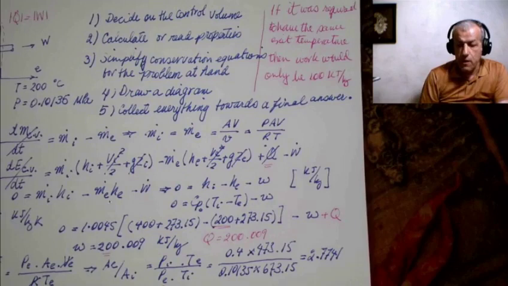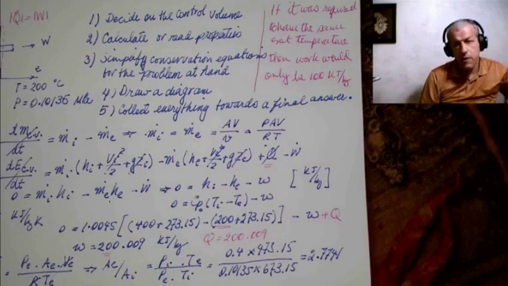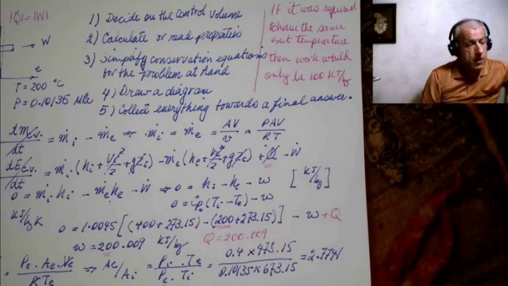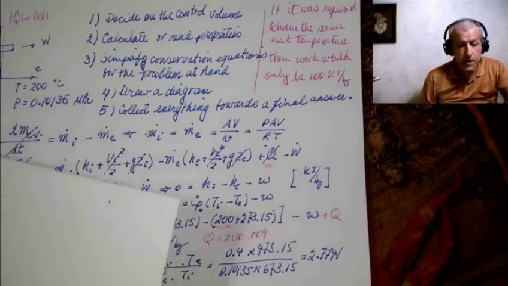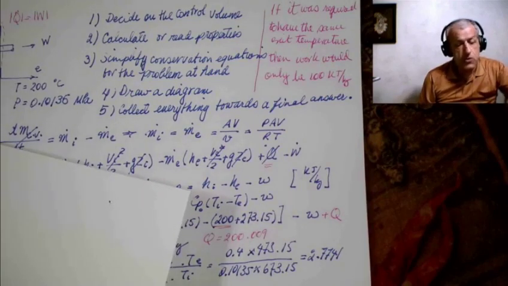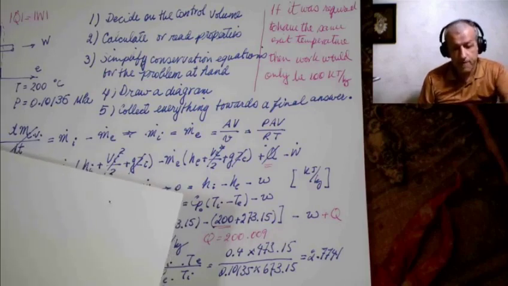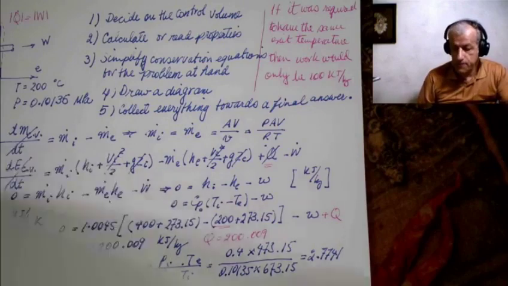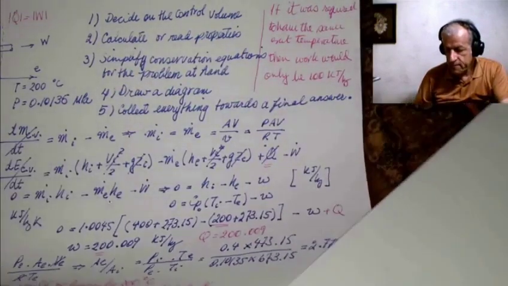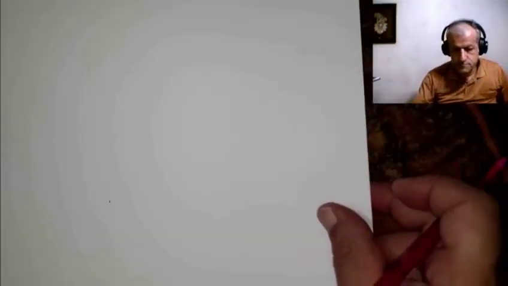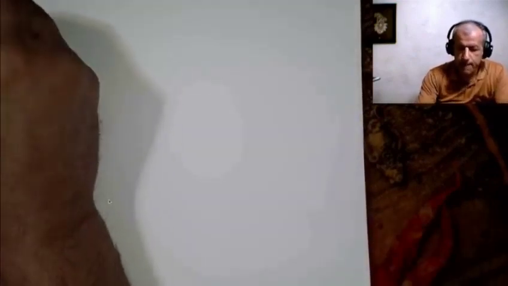Now we have done all we wanted, except we have not drawn things on a diagram, and it's very important to draw the problem on a diagram. So how do we do it? Let's draw a diagram.